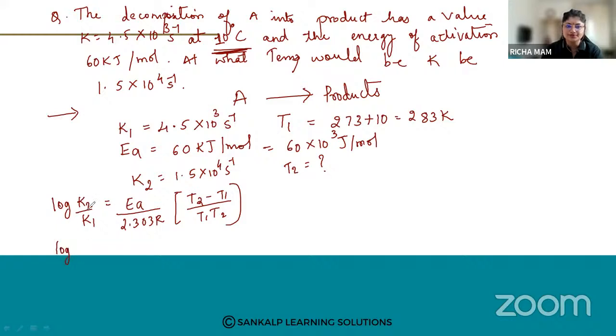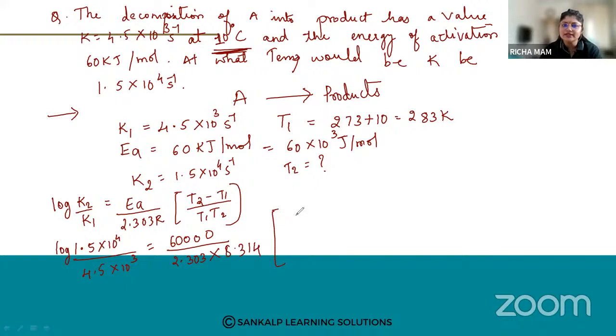Log of K2, which is 1.5 into 10 raised to 4, by K1, which is 4.5 into 10 raised to 3, equals Ea, 60 into 10 raised to 3, so let me write it as 60,000, divided by 2.303 into R, which is 8.314.